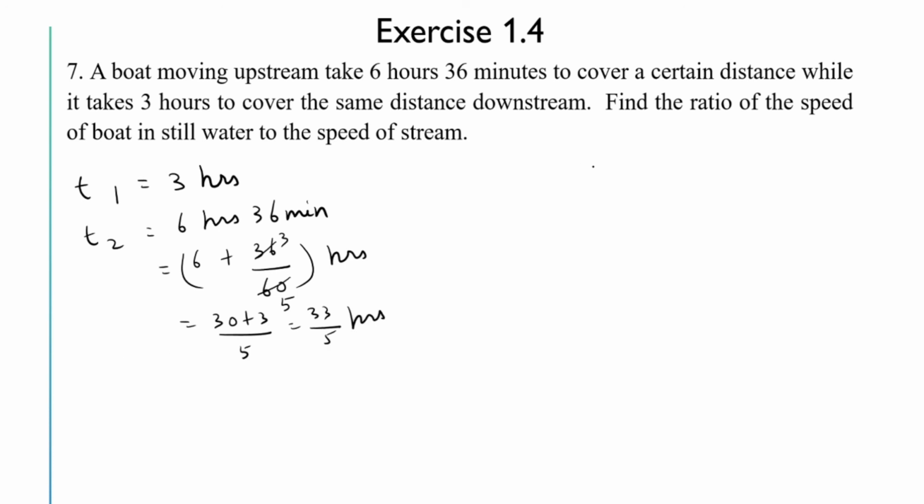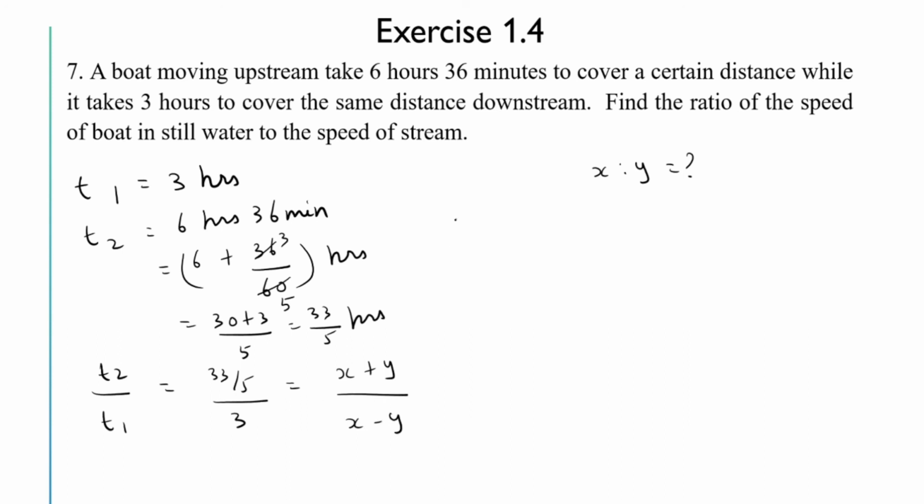Now they have asked us to find the ratio of the speed of the boat in still water to the speed of the stream. That is, what is x is to y we have to find. We know T2 by T1 is equal to (33 by 5) divided by 3. It is nothing but (x plus y) by (x minus y).